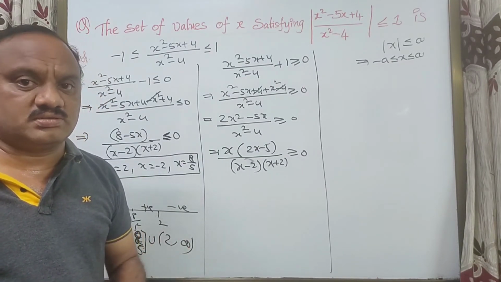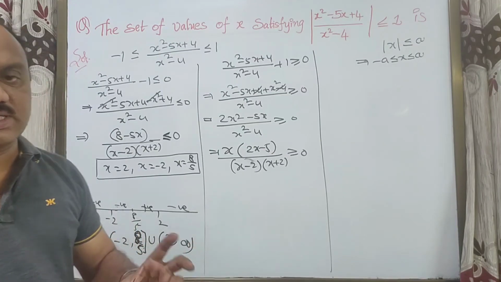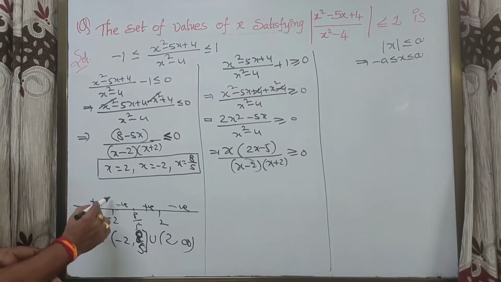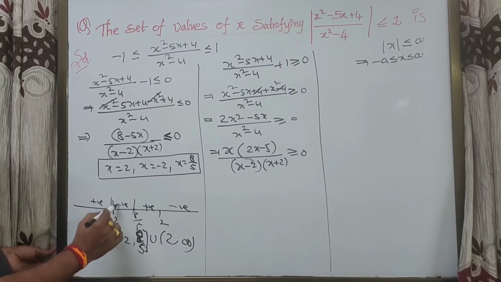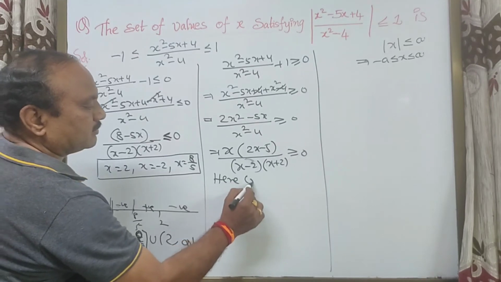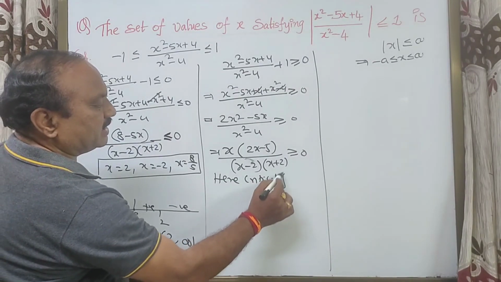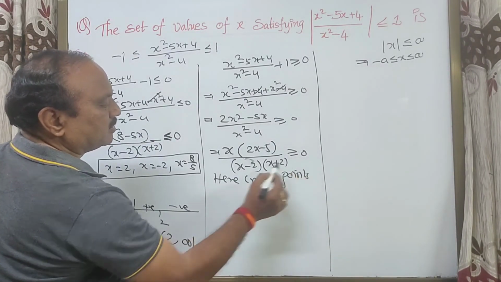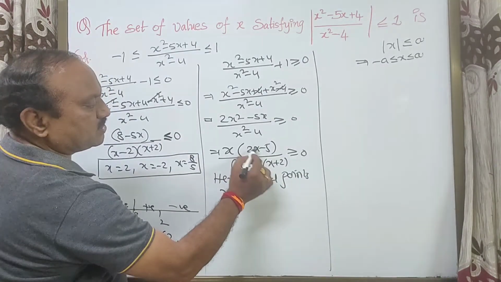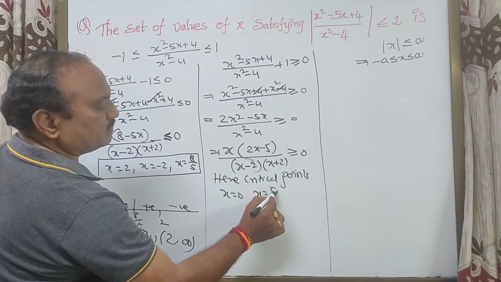Sign change curve. The sign of the curve changes, in which interval, between the critical points you take one value. Here the critical points are x equal to 0, and x equal to 5 by 2.